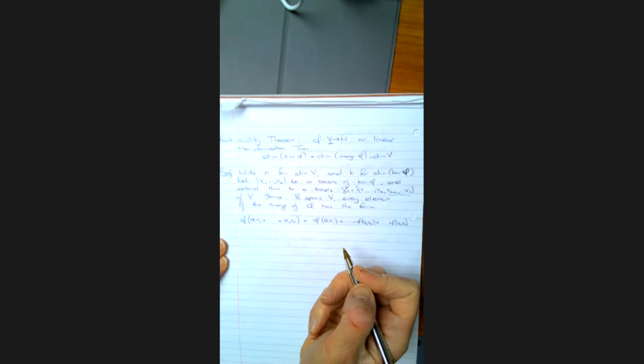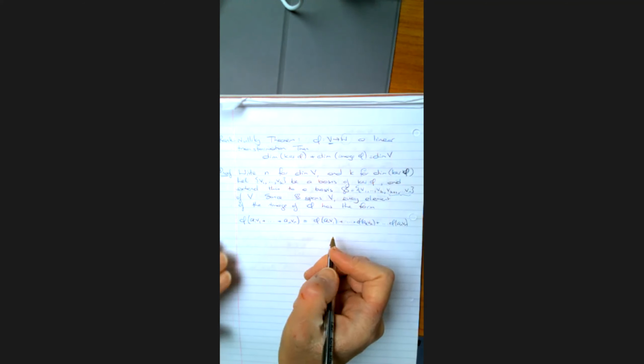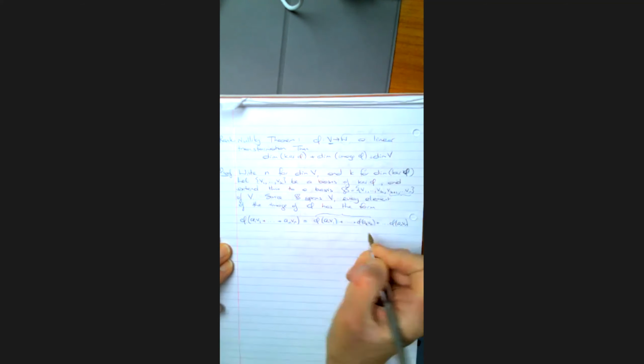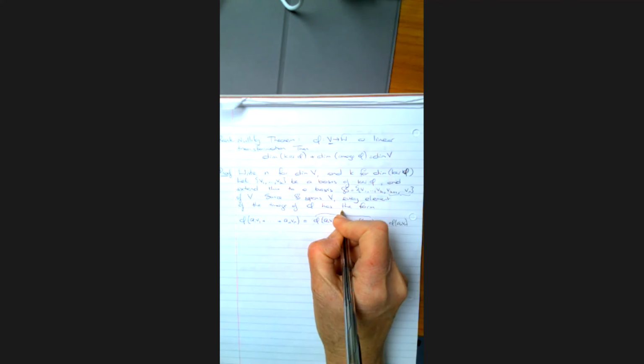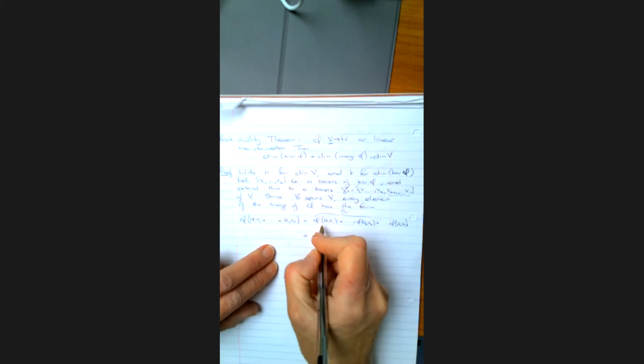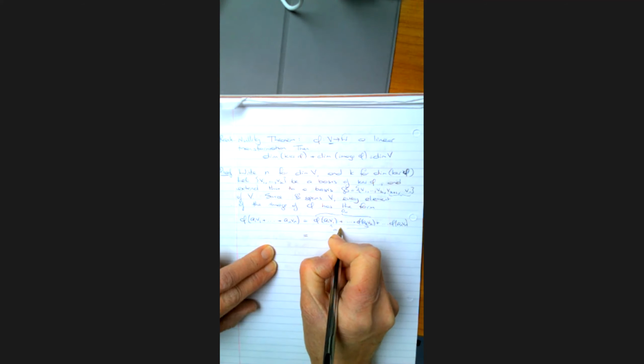Phi of a1 v1 is a1 phi of v1, and v1 is in the kernel. So the first k of these are the results of applying phi to elements of the kernel. So these are all 0 in W. So basically, these elements, a1 v1 up to ak vk, all of these first k are in the kernel of phi.